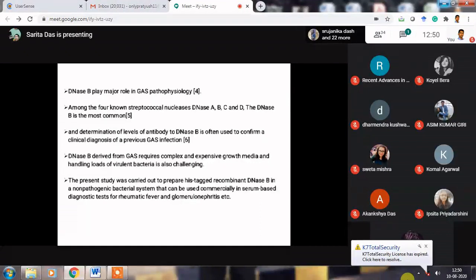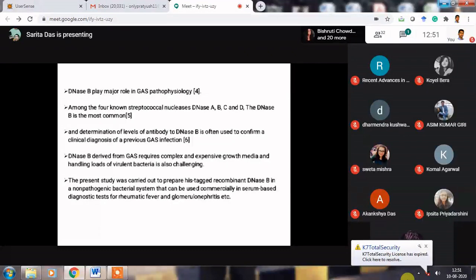So it causes glomerulonephritis. It has some nephropathic effect, some cardiopathic effect, and also some neuropathic effect, this group A strep has.